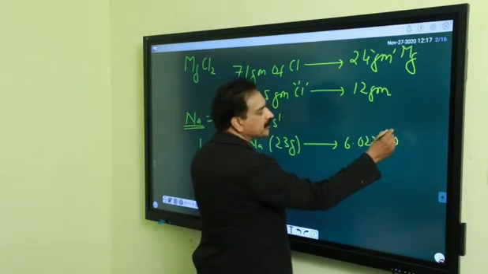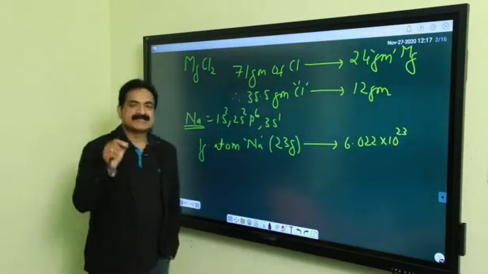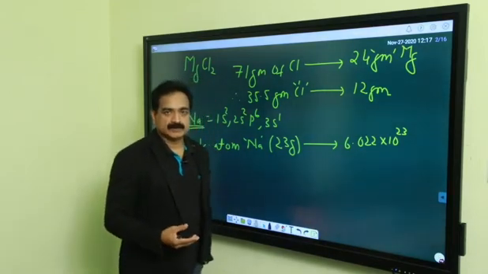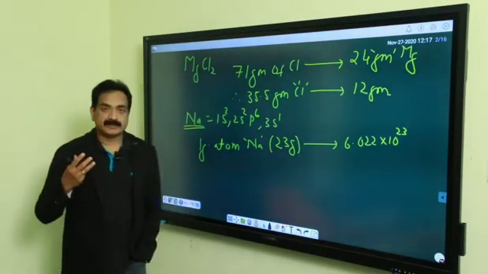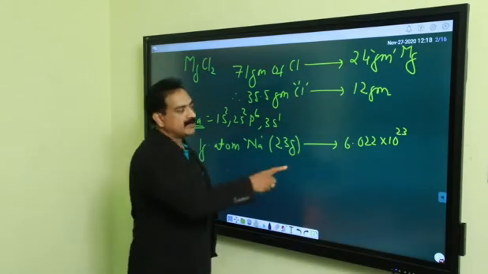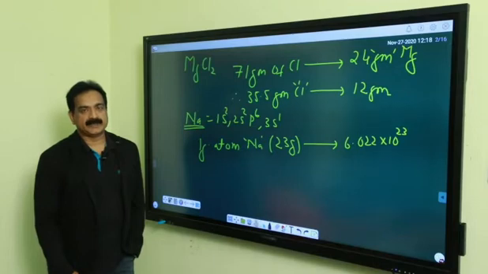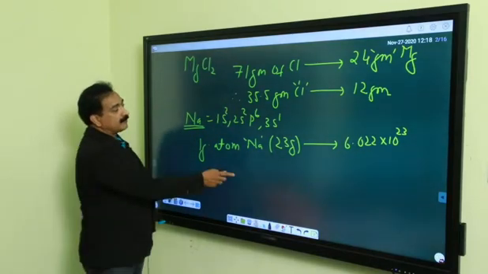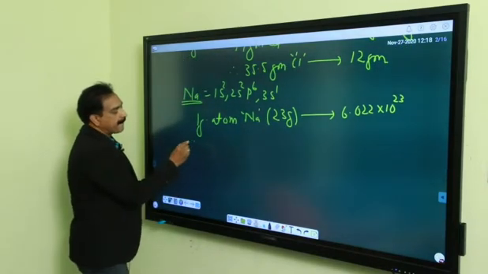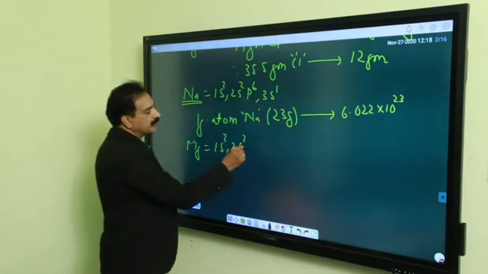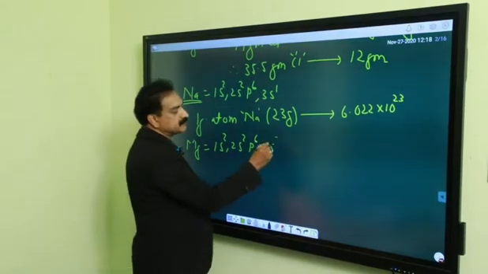6.022 into 10 raised to power 23 electrons. Since 23 grams of sodium is losing Avogadro number of electrons, its equivalent mass is 23. For magnesium, the configuration is 1s2, 2s2, 2p6 and 3s2.